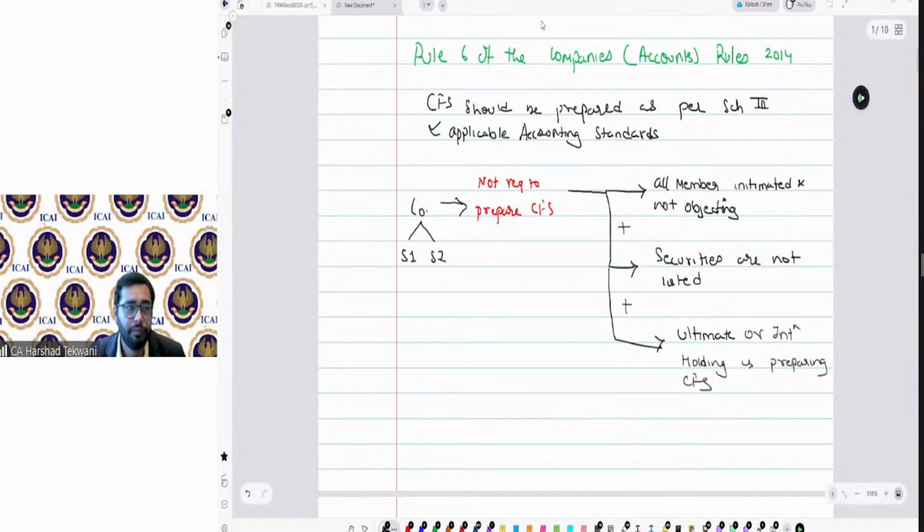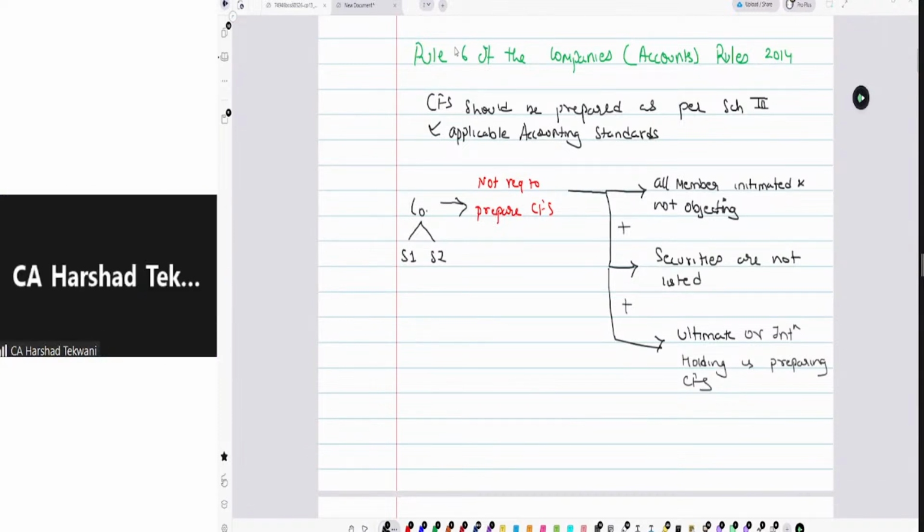Any doubt, guys? Any doubt till now? But the parent company has to maintain a separate financial statement.